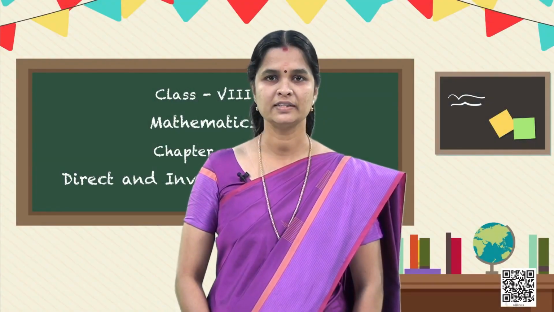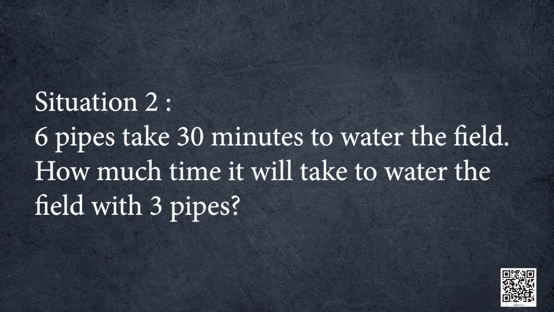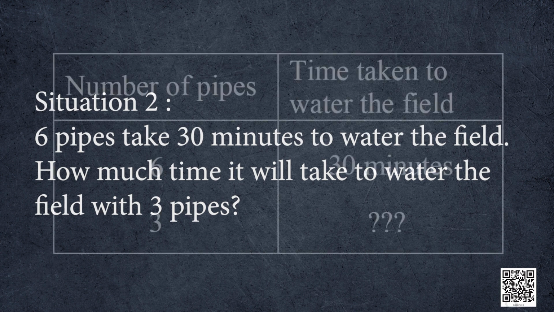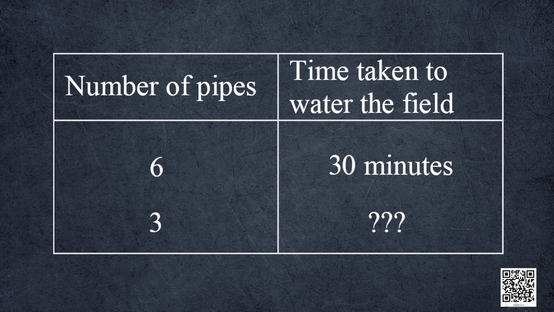Now, look at this situation. Situation 2. 6 pipes take 30 minutes to water the field. How much time will it take to water the field with 3 pipes? Again, let us put it into a tabular form. Here, will it take more time or less?